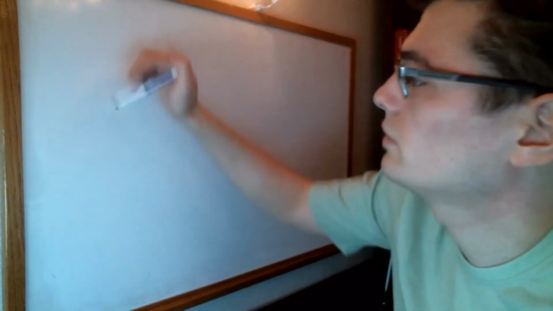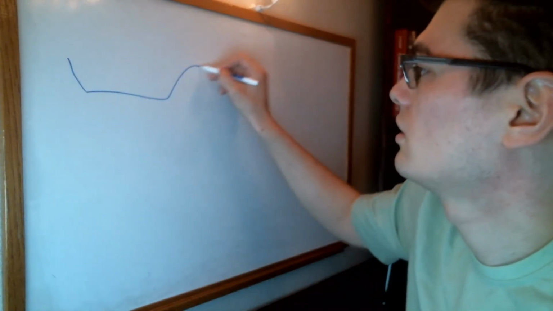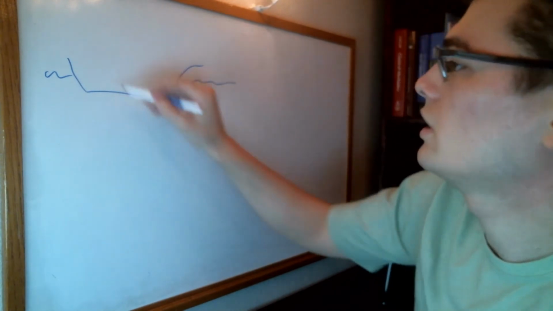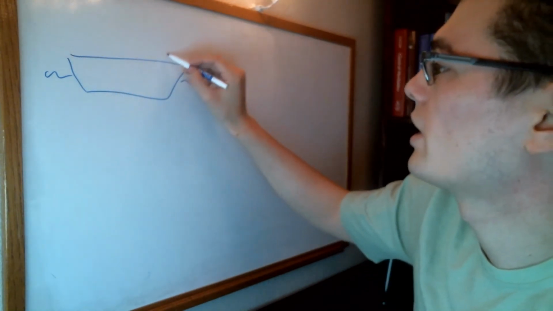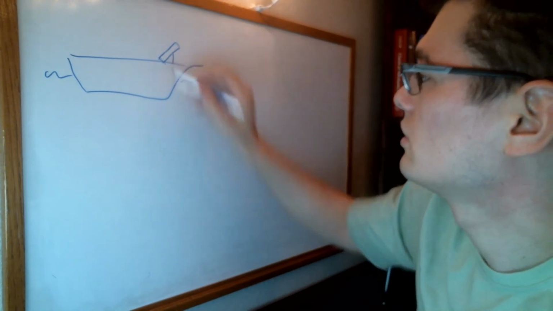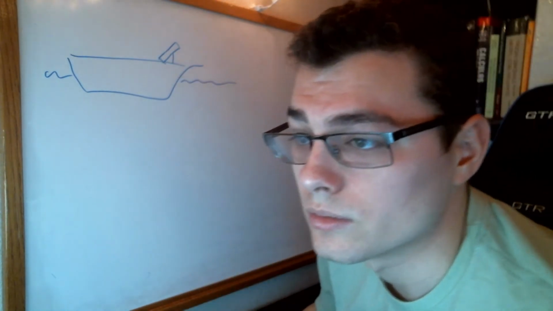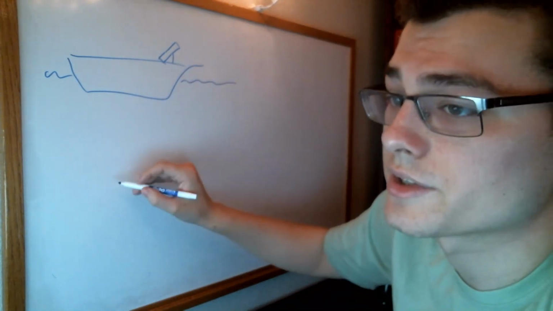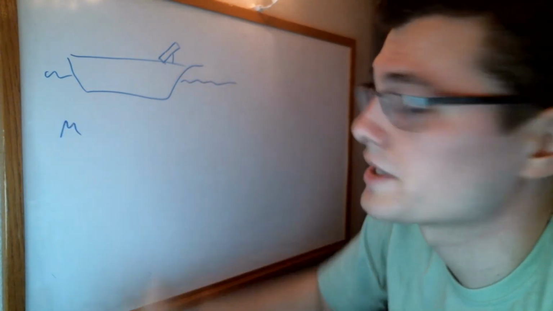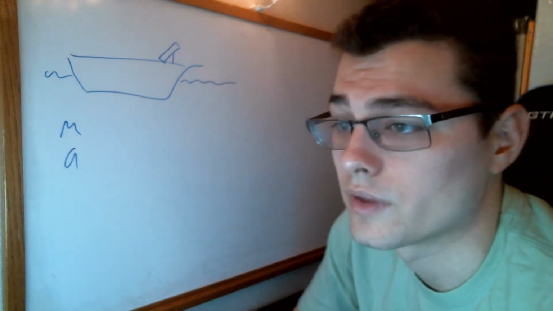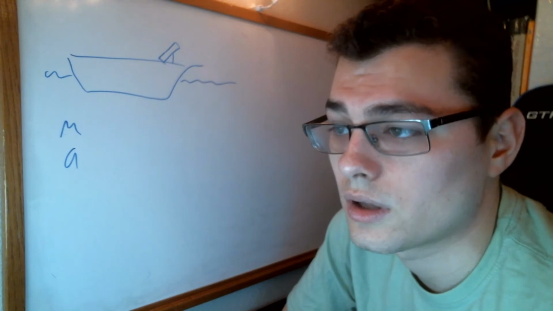Okay, so next up we have a battleship here, and inside the battleship it has some sort of artillery cannon. The projectile itself is going to have some mass m, and it's going to be accelerated out of the gun.